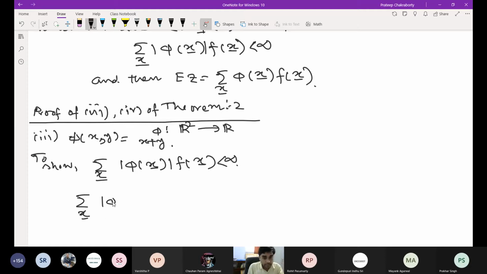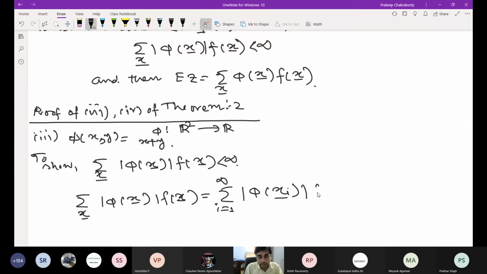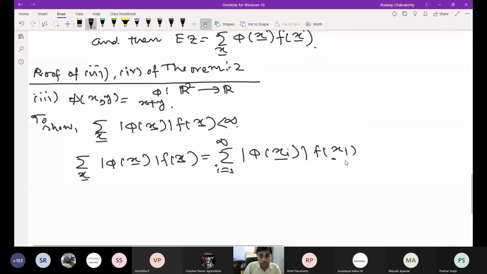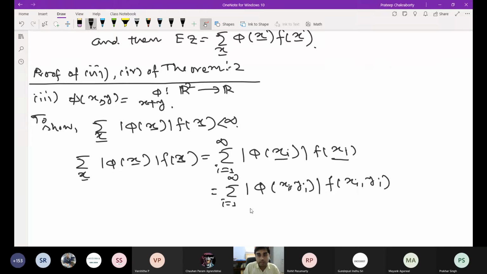So the summation over x bar of mod of phi of x bar times f of x bar, by definition, is the sum from i equal to 1 to infinity of mod of phi of xi bar times f of xi bar. So this we write as phi of (xi, yi) times f of (xi, yi).